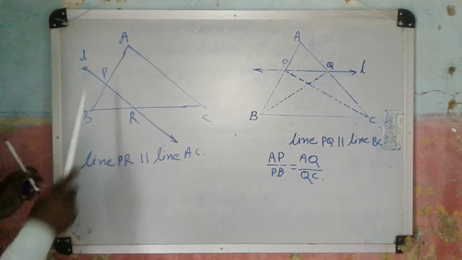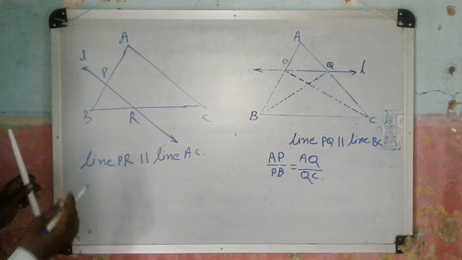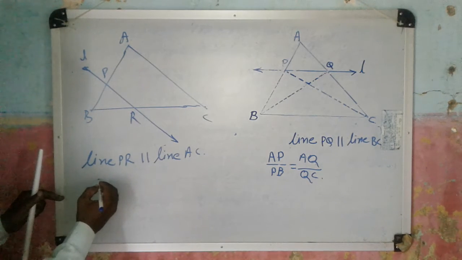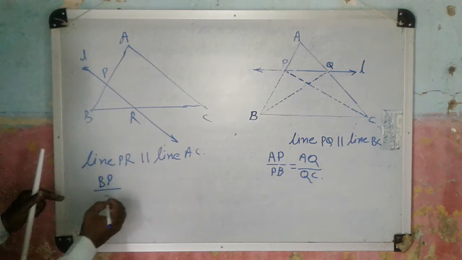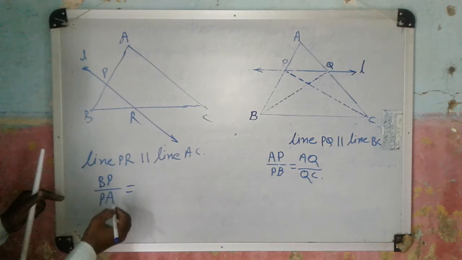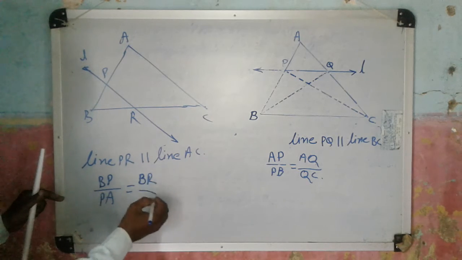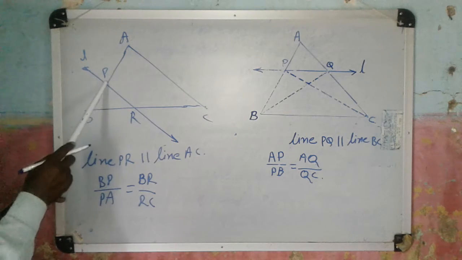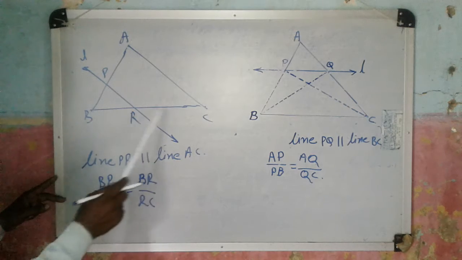So here, these two sides, side AB and BC, are divided in proportion. Therefore, the ratio can be written like this: BP upon PA is equal to BR upon RC.